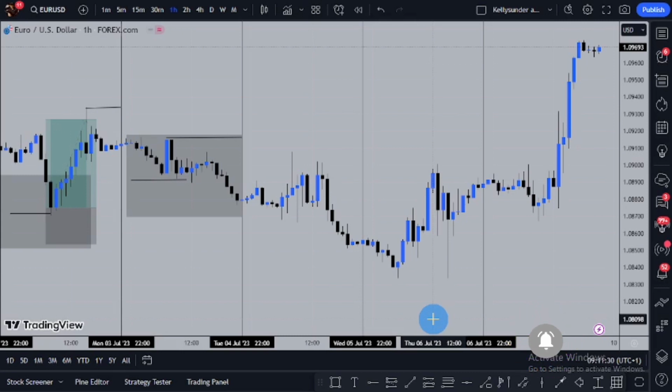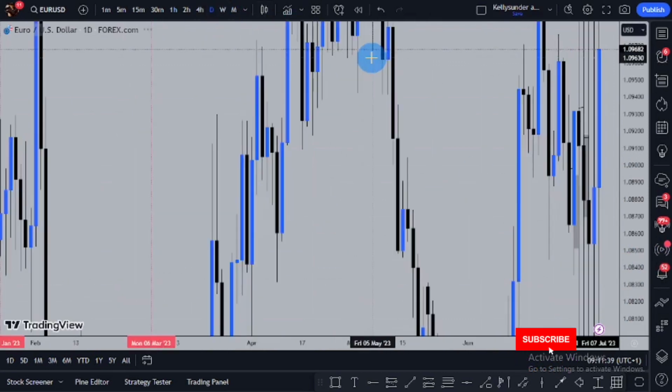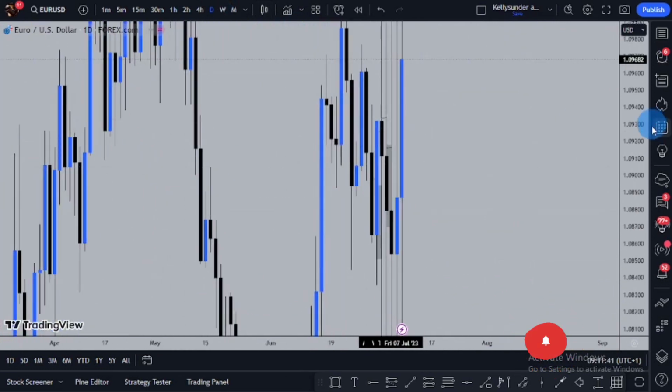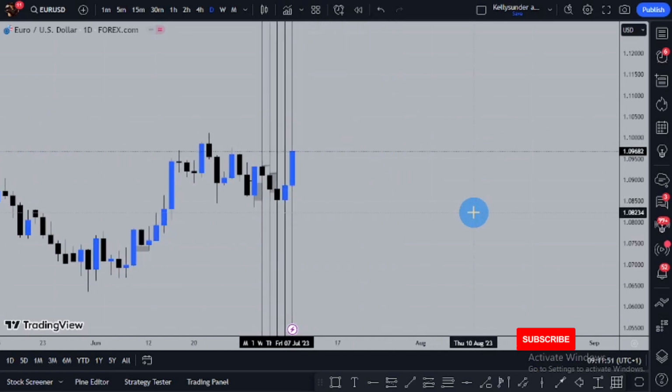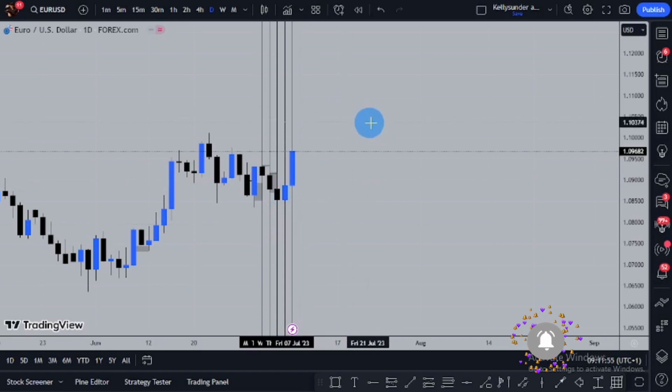So overall, moving over to the daily, what is our big take on this current price action? We'll see that Thursday formed the low of the week and Friday formed the high of the week. From my knowledge of backtesting, when Thursday forms the low and Friday forms the high of the week, it tells me that the next week will be a reversal.